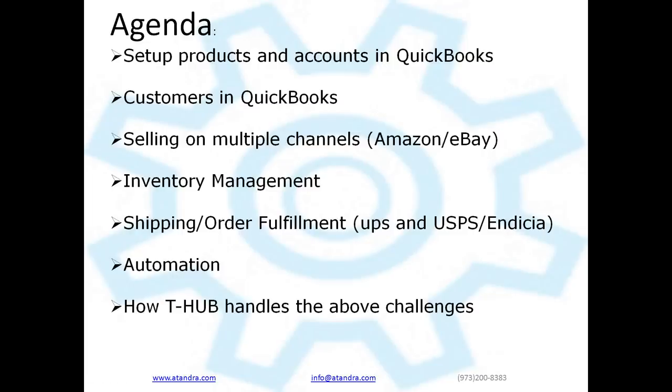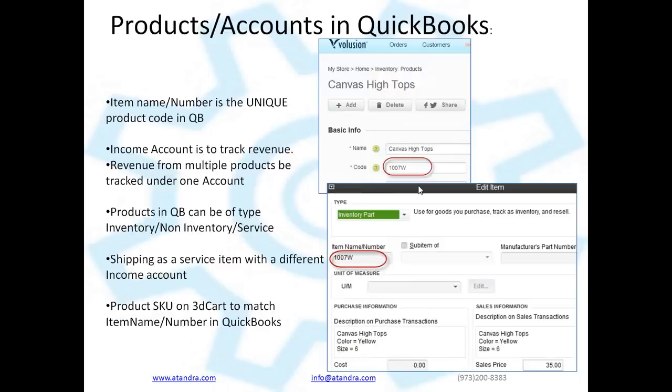If you sell on Amazon, eBay, or multiple websites, how do you set that up in QuickBooks so you can have better reporting across channels? How do you manage inventory between QuickBooks and the website? And of course, the shipping and order fulfillment part with UPS and US Postal. And how do you automate all this so you have minimal user intervention as much as possible? So let's get started with those points.